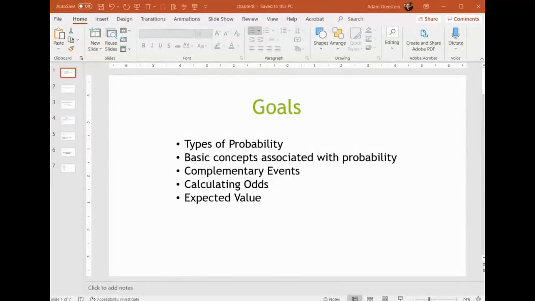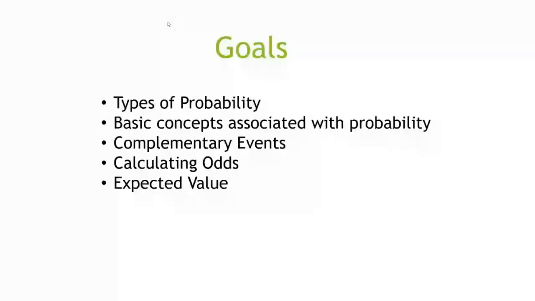Now in chapter 8, as I just said, what we're going to look at is probability. There are some basic concepts with probability that we're going to see. Essentially, probability is really just determining how likely something is to occur.